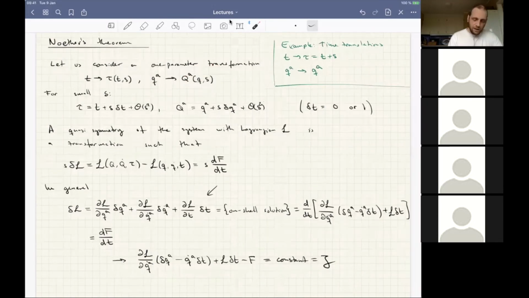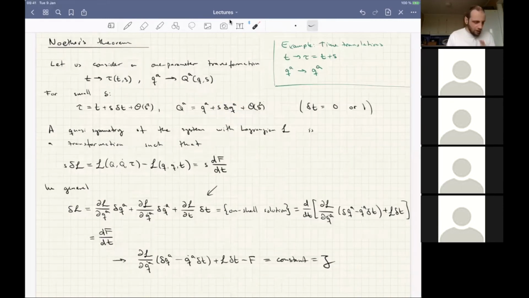And then I make the series expansion in s. And that's the linear term, which is in general here a function of the coordinates, and here a function of time, but I normalize it such that delta t is 0 or 1. So in the case of delta t it is just 0 or 1, and in the case of q, it's a function of the coordinates.